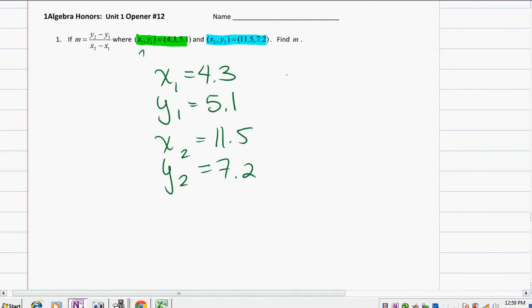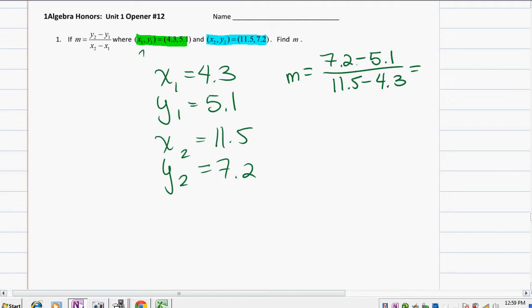But plugging it in, so m equals y2, which is 7.2, minus y1, 5.1, over x2, which is 11.5, minus x1, 4.3. And so now I just compute that using my order of operations.